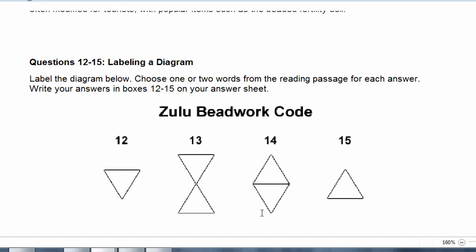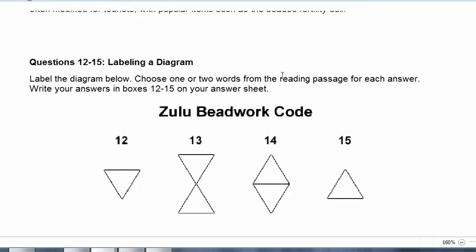So this is something which is called labeling the diagram. They will give you these diagrams. It could be any kind of diagram which is somewhere explained in your passage. They talk about these shapes in your passage, and you have to go to that certain part, and then find out what this shape is called, what this means, what it says about these shapes.